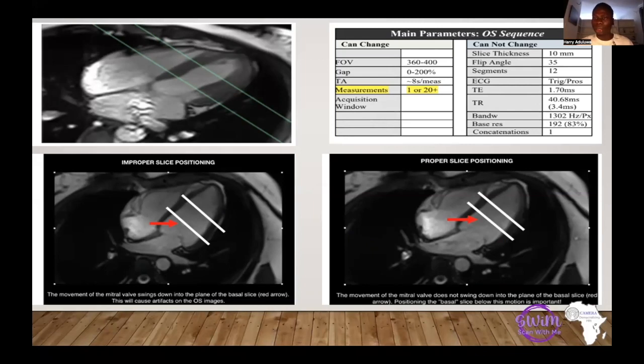It's a new sequence and it's very simple. You don't need to disturb yourself. You run one sequence alone, with this hyperventilation phase included in your T1 mapping, T2 mapping. You are good to go. You get a good analysis of the heart tissue. It's a new sequence that they are now implementing in the West, and they are looking at implementing it in African, Southeast Asian and American countries.